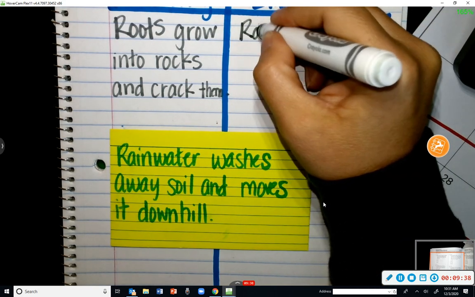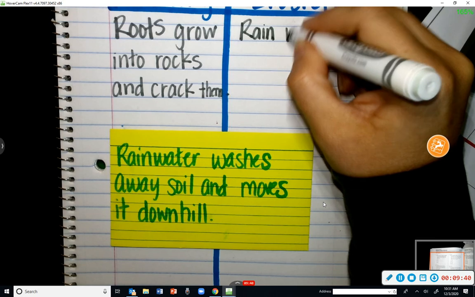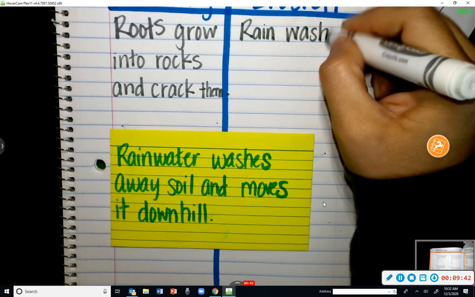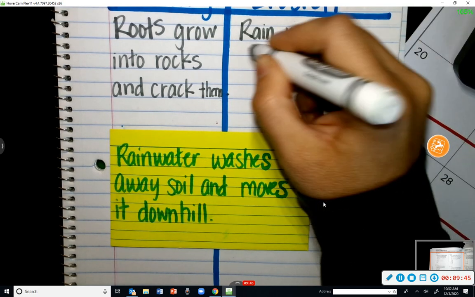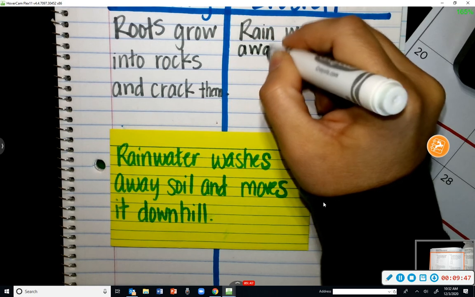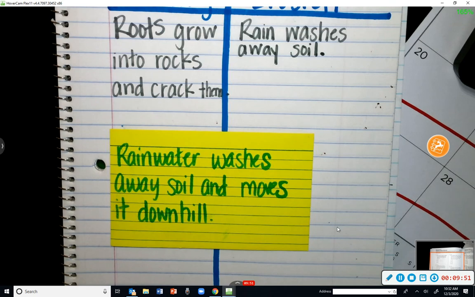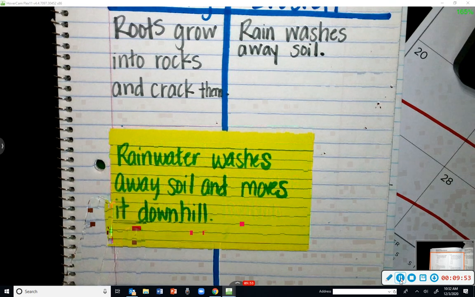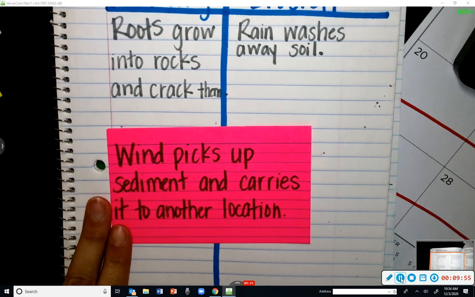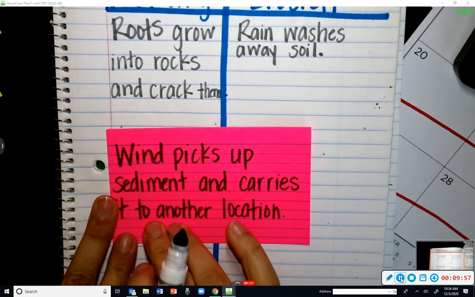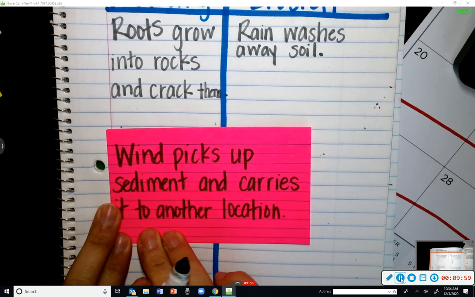Rain washes away soil. Very good. So the next one, wind picks up sediment and carries it to another location, we said was what, class? Erosion.